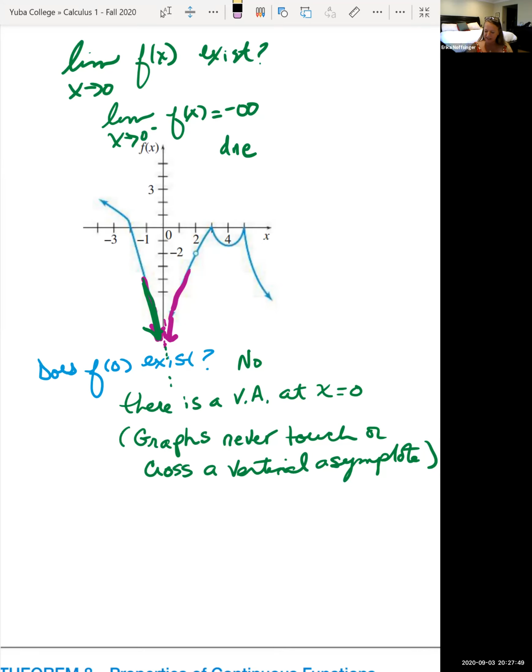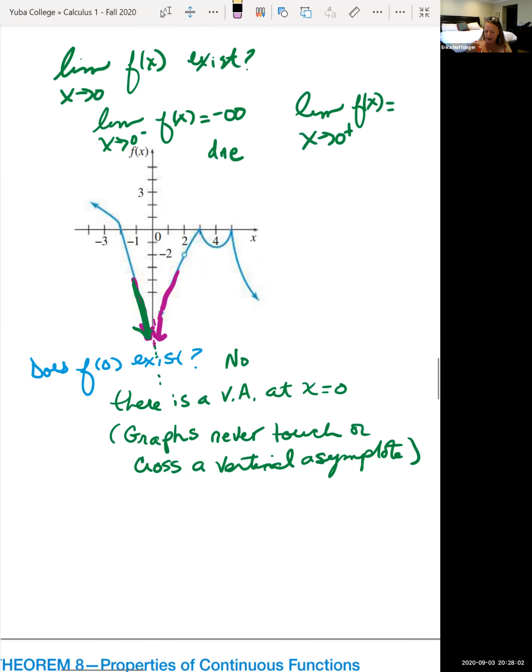Same idea, the limit as x is approaching 0 on the right-hand side of the graph of f of x. There's no one y value it's going to go to. It's always shooting down forever. And so this doesn't exist. I can put that at negative infinity. Again, that's just telling me more about what's going on in the graph there.